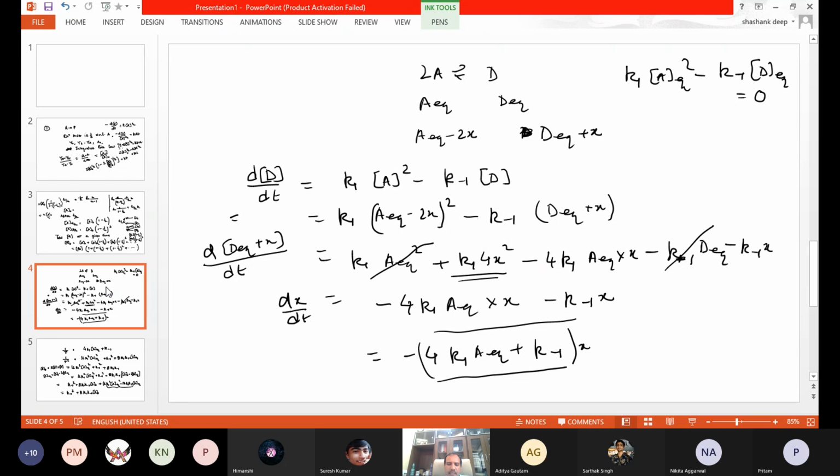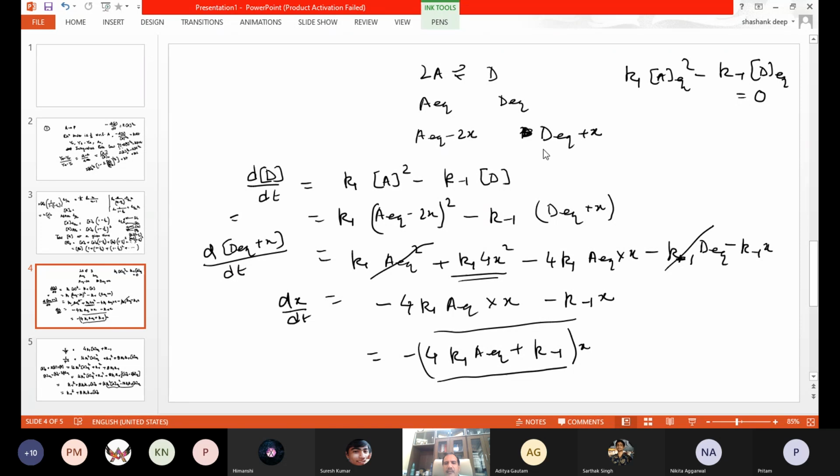So you can see here 2D plus A, what will be 2D plus A? X cancels.